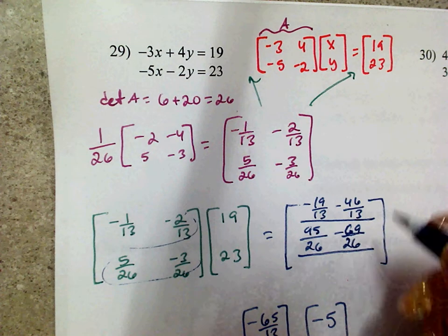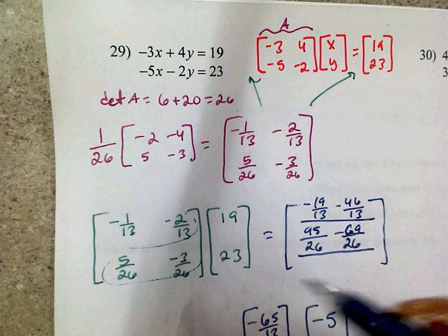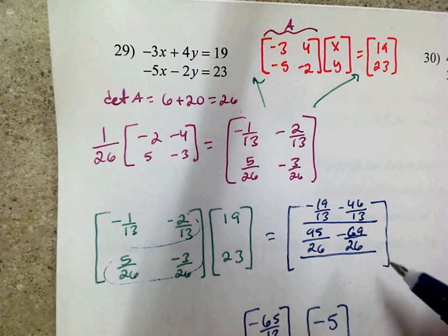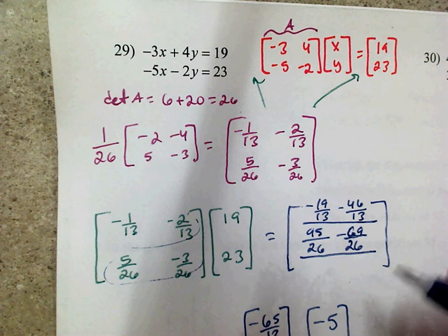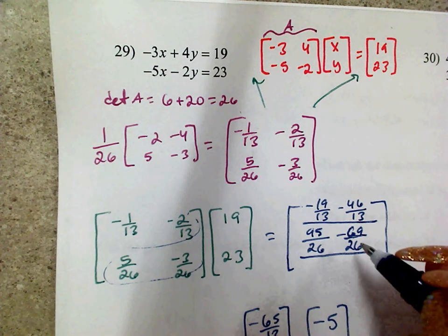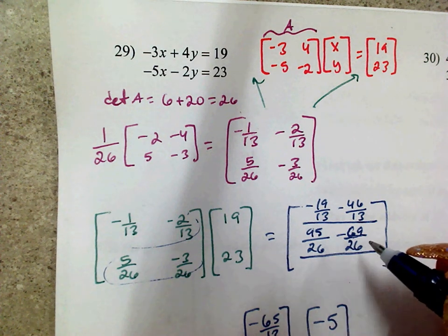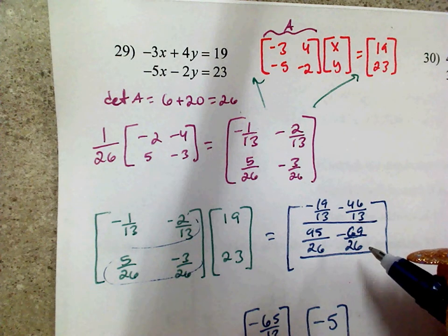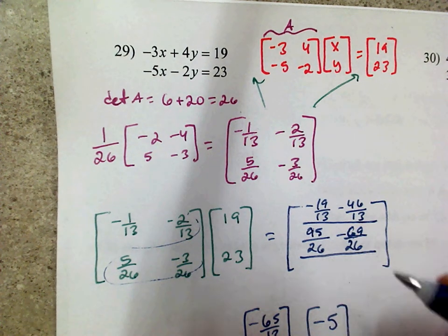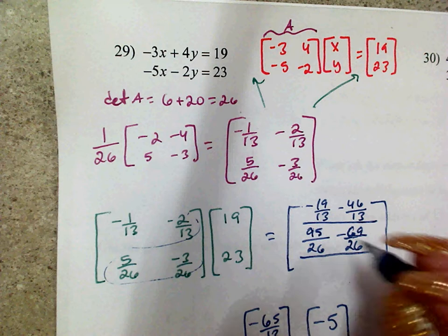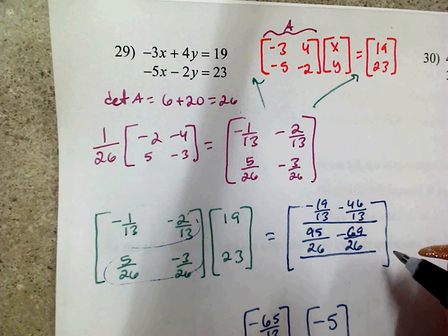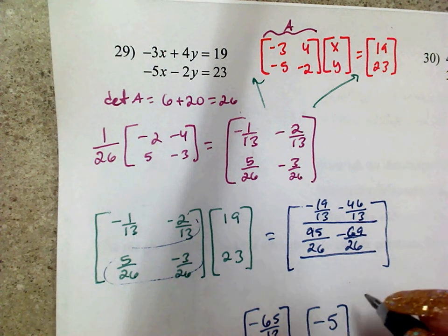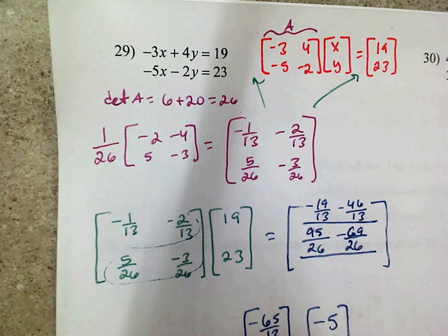That's 60 and then 9, yeah, okay. So then 95 minus 69 is 26, so 26 over 26, which is 1. Good. Final answer is the coordinate point, negative 5, 1.